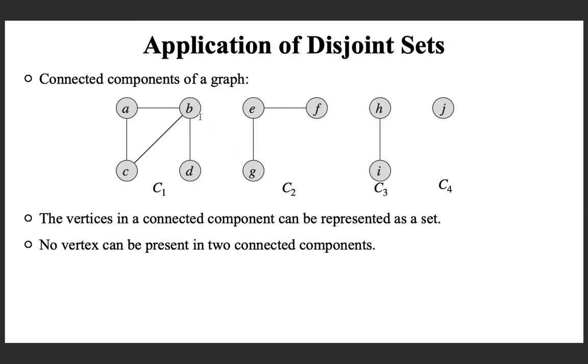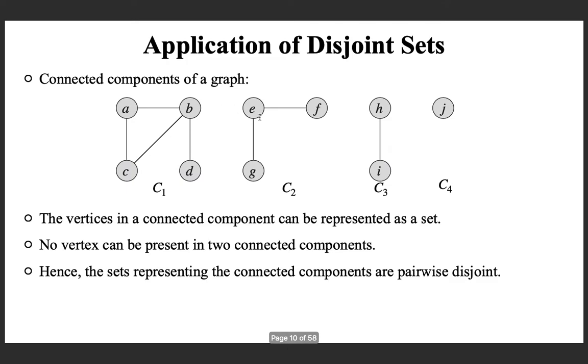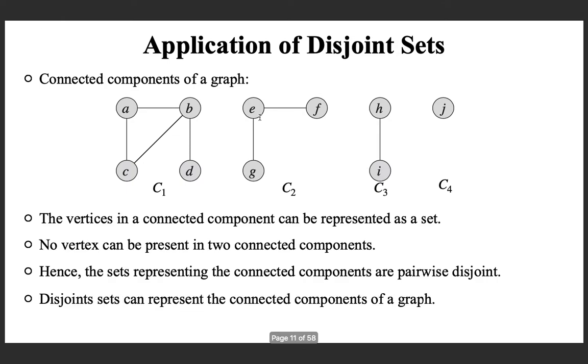If you have a connection like this, then these two will become a single component. So you cannot have 2 vertices from 2 components in the same set. So they are disjoint. So this is an application where disjoint sets can represent the connected components of a graph.